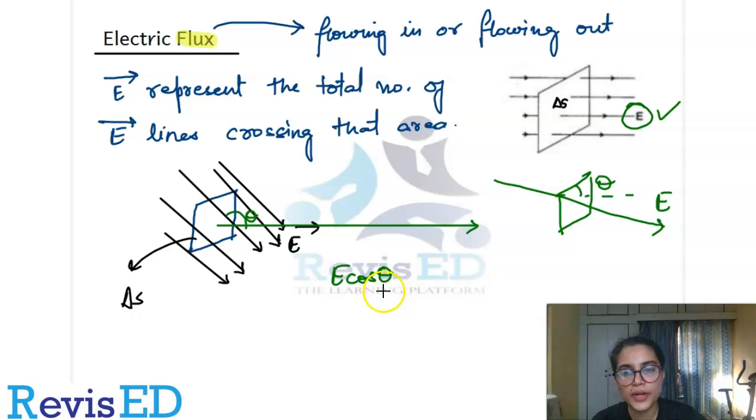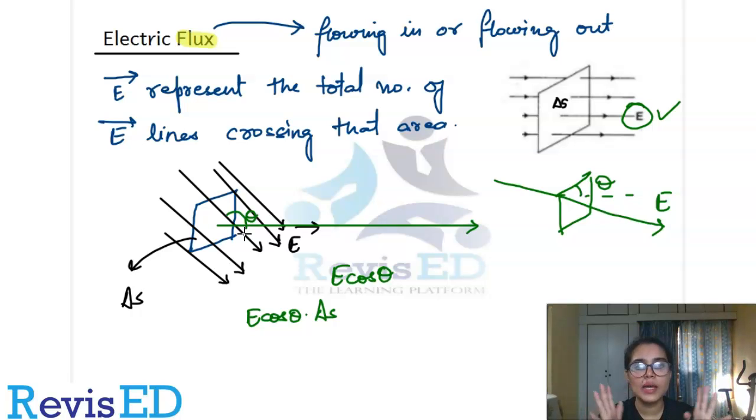So we can write that the total electric lines of force crossing this area will be represented by E cos theta into delta S, where delta S is the surface area of this element. Earlier, when they were perpendicular, with theta 90 degrees, the maximum number of electric lines of force was crossing the area element.